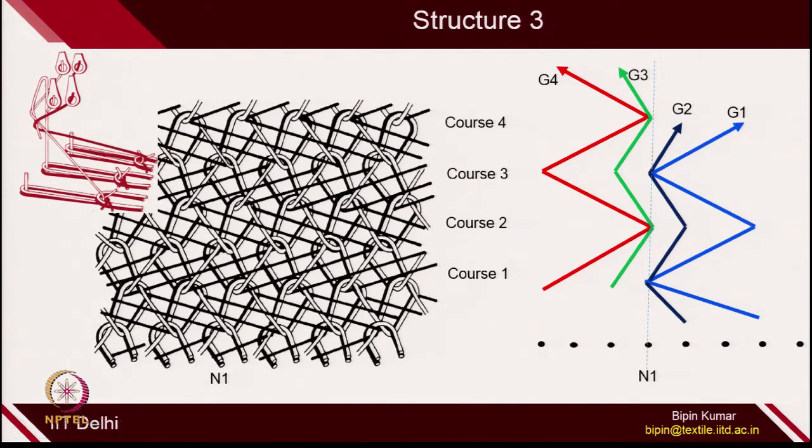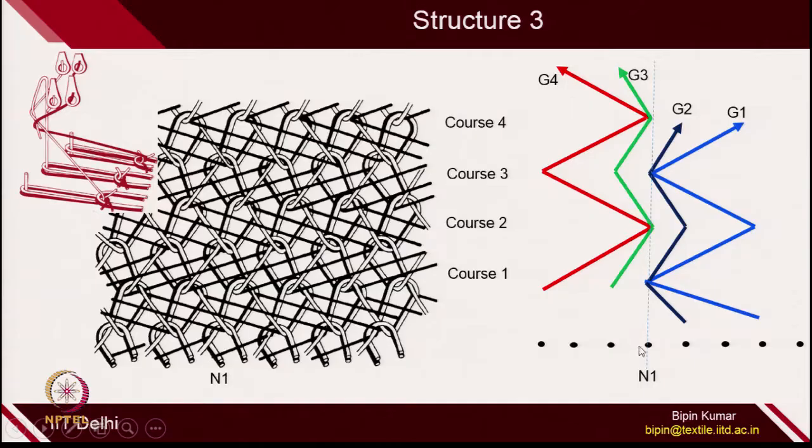So this structure is different in many ways, because each needle is interacting with 4 different guides, G1, G2, G3 and G4. Also the underlap movements of these guides are different.